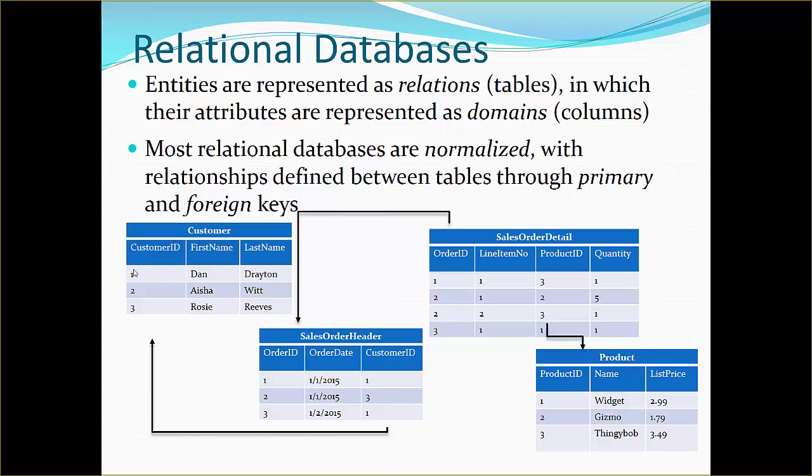The primary key is the one side. Okay, so if you want to talk about the cardinality of the customer and the sales order header table, it has a one to many, the customer being the one side and the sales order header being the many side, right?